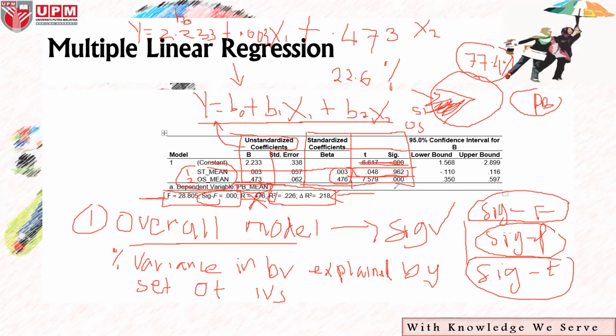Significant. Why significant? Because the significant T is lesser than alpha. You have to say it like that. Therefore, the result is considered significant.